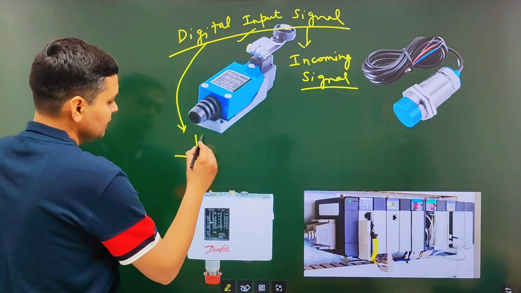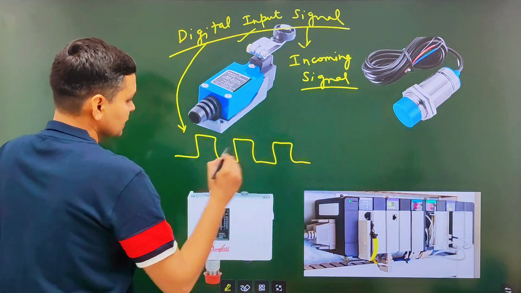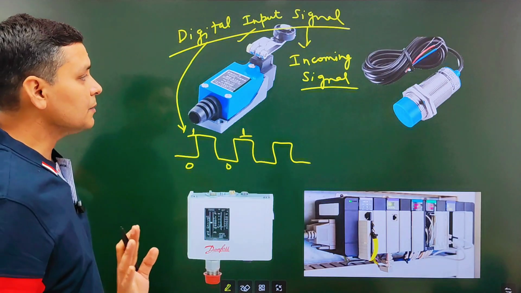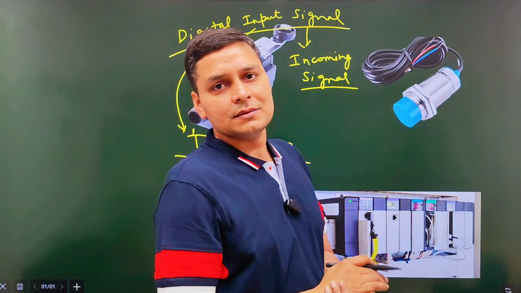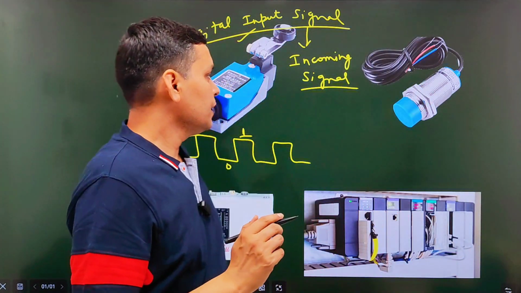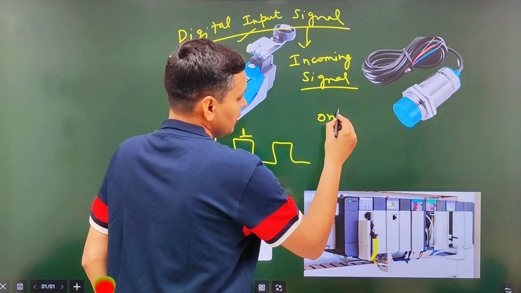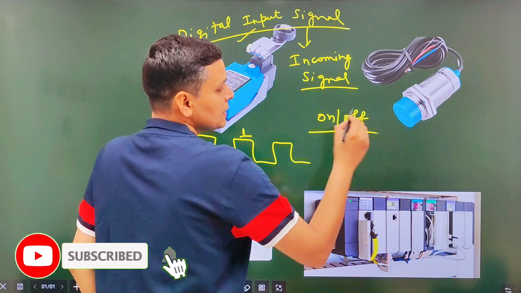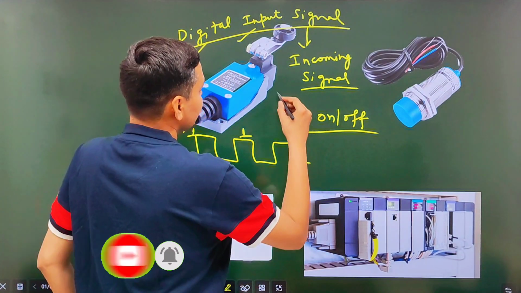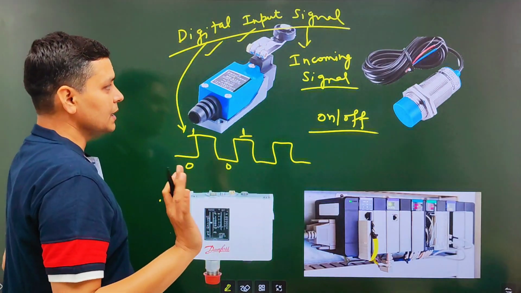Digital means 0, 1, 0, 1, this type of signal. Here, 0, 1, 0, 1 means only on and off. If this type of signal is coming from anywhere, then it will be a digital input signal.